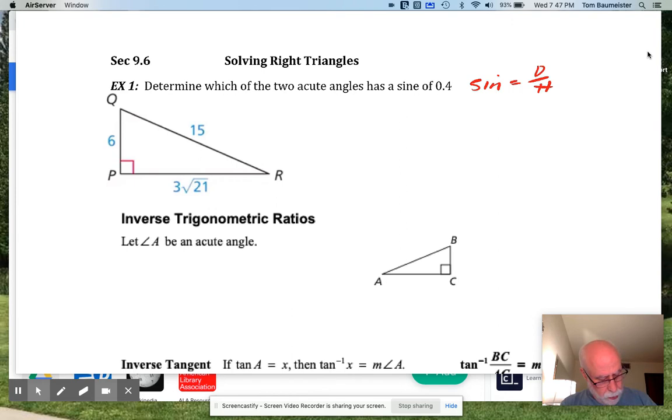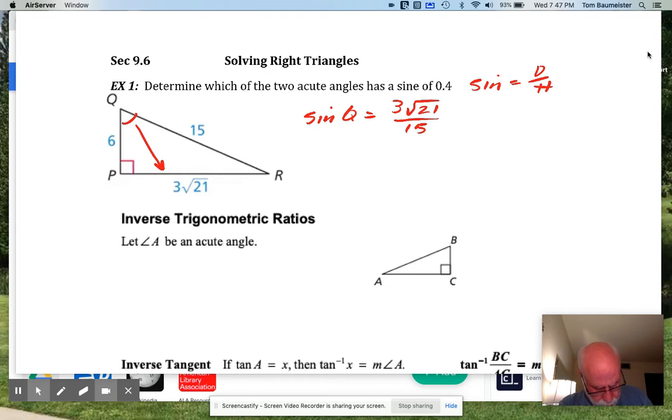So if I take Q here, there's the opposite, and the hypotenuse is always, again, opposite the right angle, so we know that one's 15. So if I look at sine of Q, that's telling us we have 3 times the square root of 21 over 15.